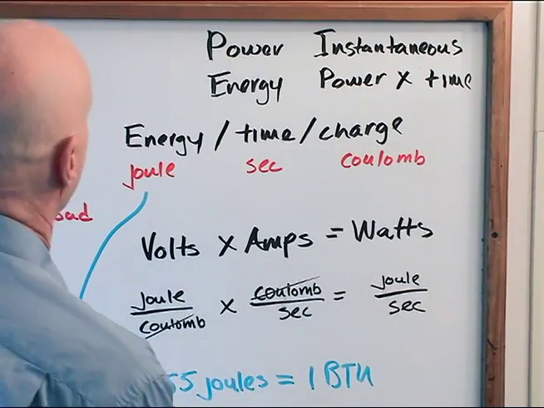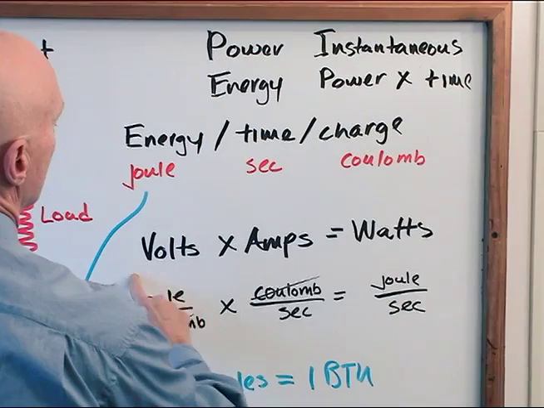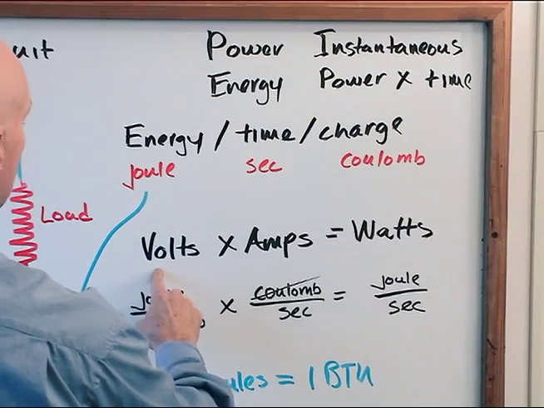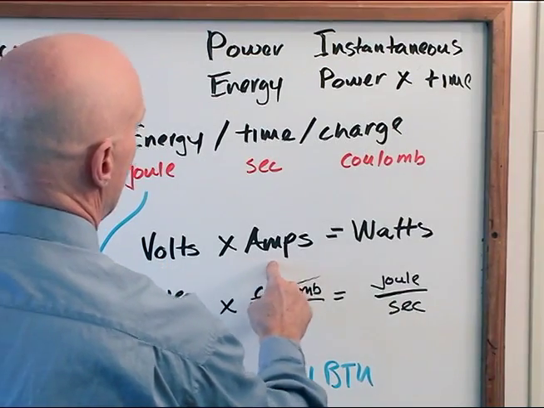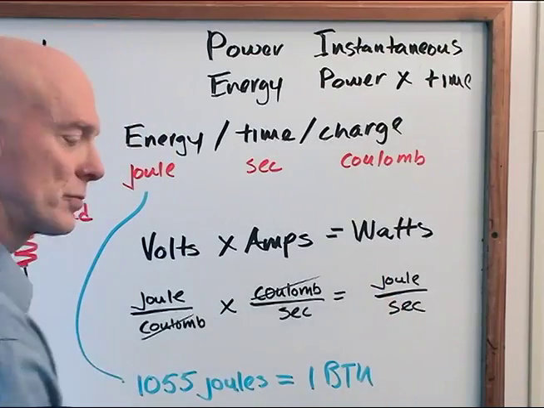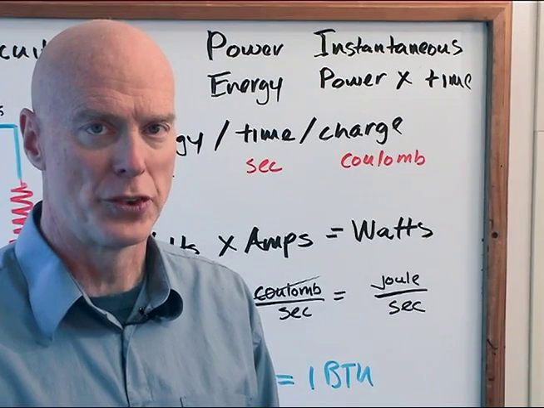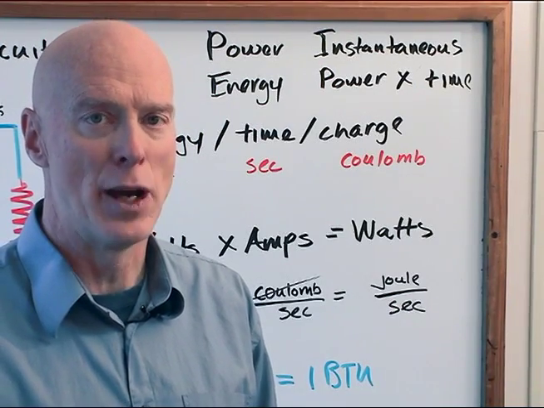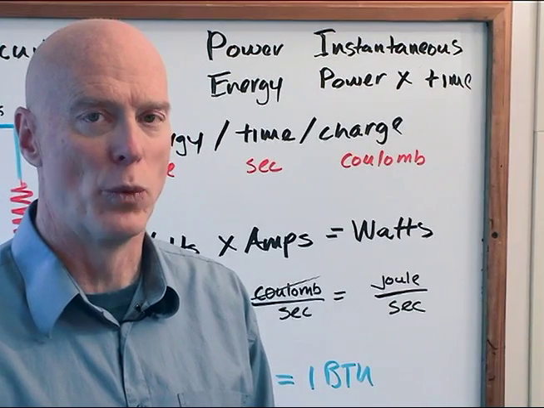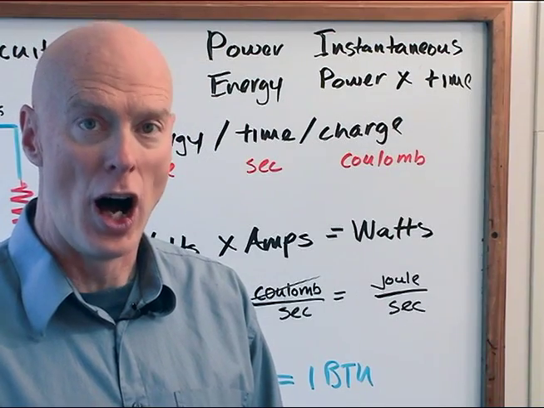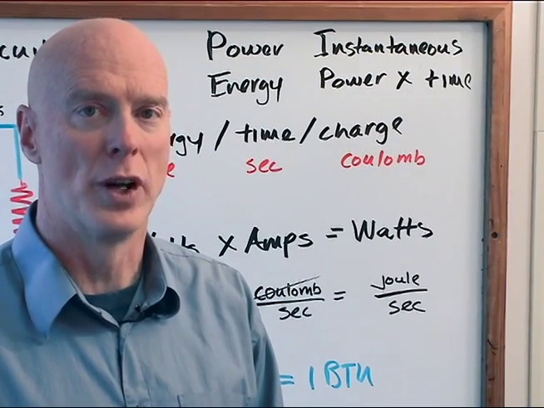So I think everybody who has learned much about electricity has seen this formula, that the volts times the amps equals the watts. Okay, if we just have a household circuit, 120 volts, and we have 1 amp running through a load at 120 volts, that would be a draw of 120 watts.